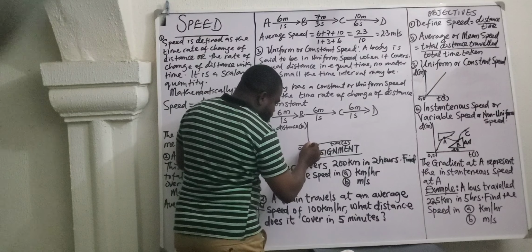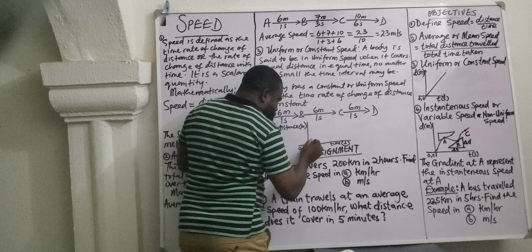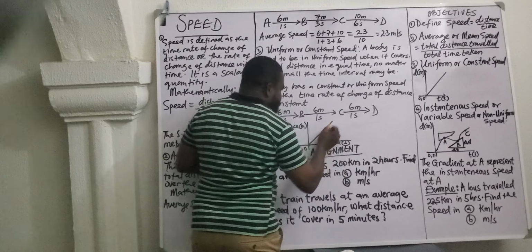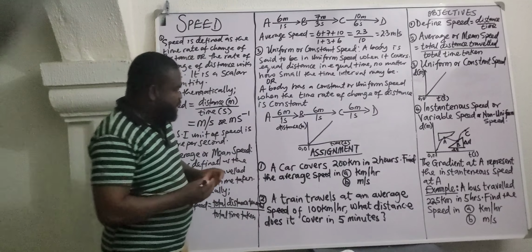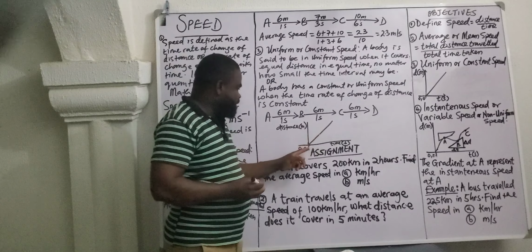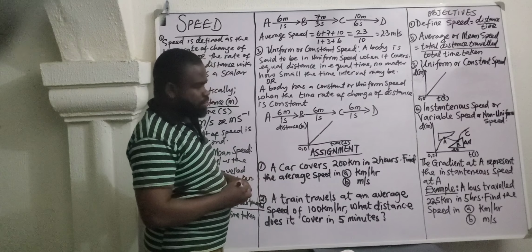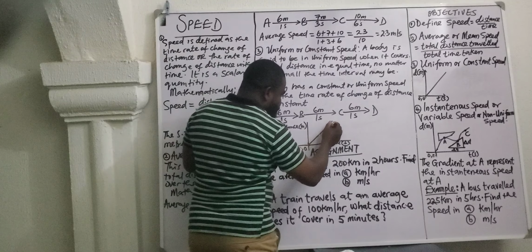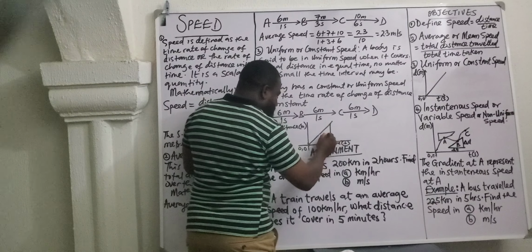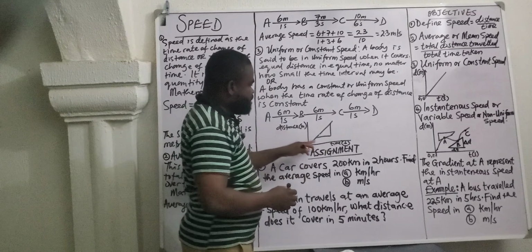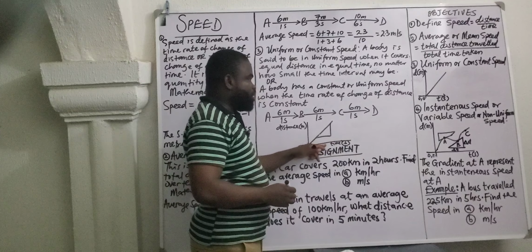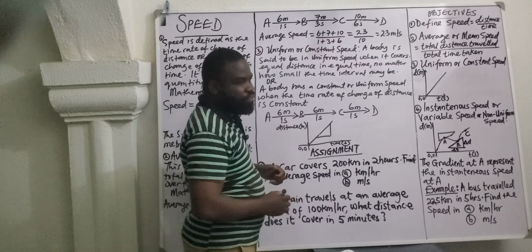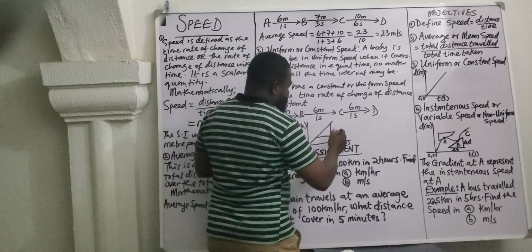So if the body moves with equal distance in equal time, the graph will be a straight line graph passing through the what? Origin. So if you get the slope or gradient of this distance time graph, the slope or gradient will represent the uniform or constant speed.